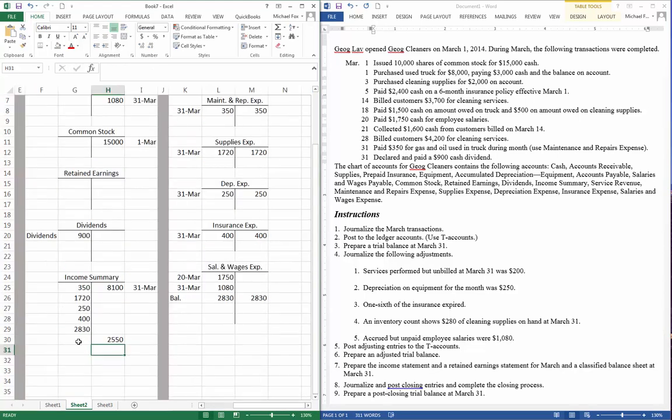And then when we put it in the ledger, you'll see that makes the new balance 0. And it closes that out to retained earnings.